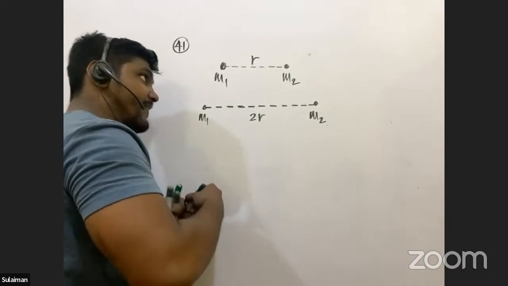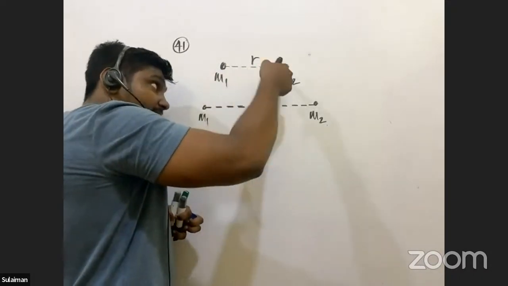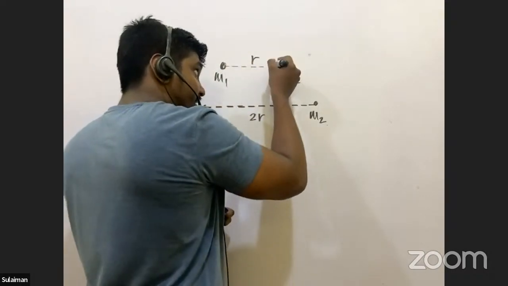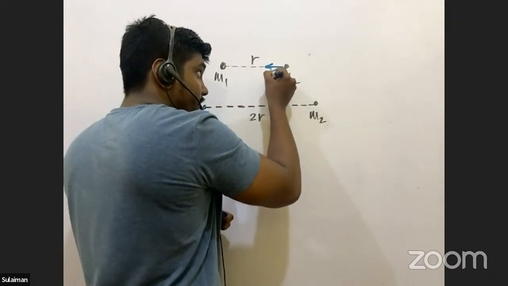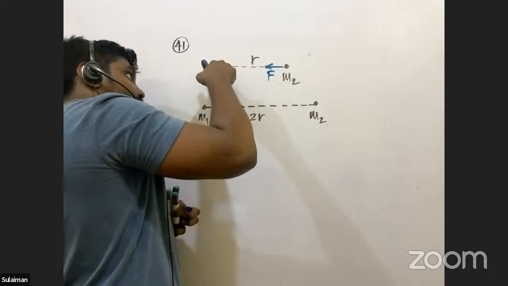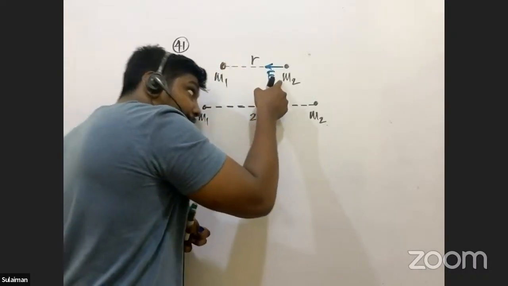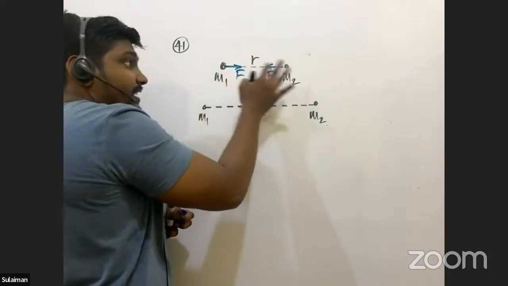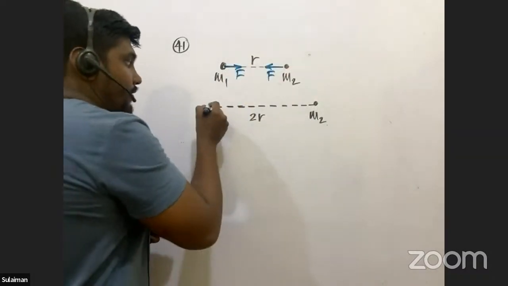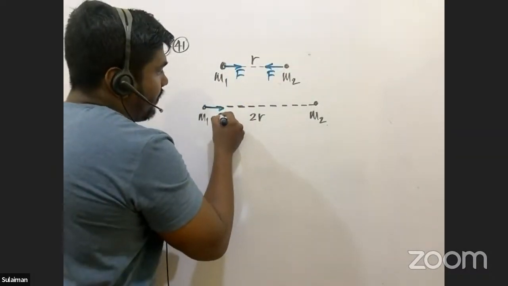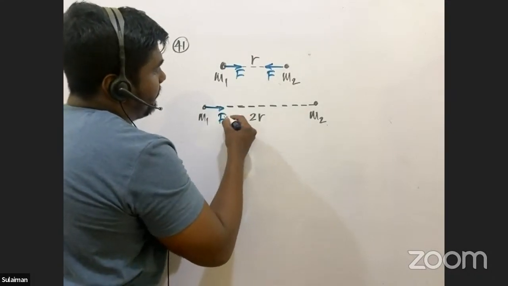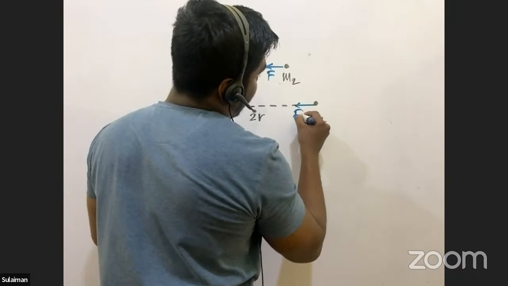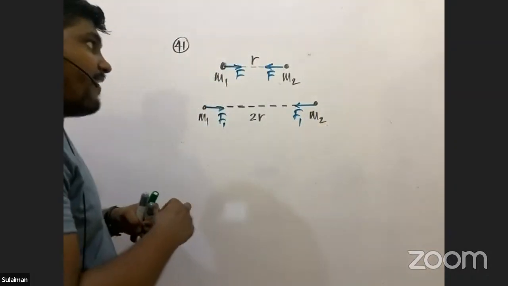So m1 attracts m2 towards m1, producing an attraction force F. Then m2 attracts m1, so it produces a force on m1 in this direction. Now let's say the attraction force here is F1.